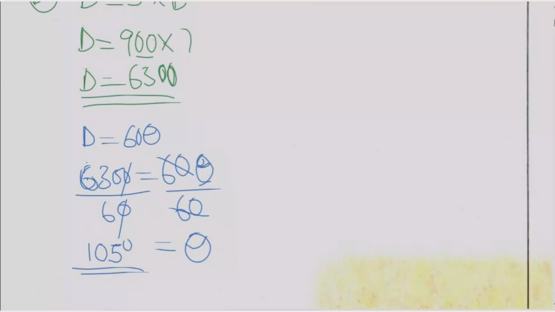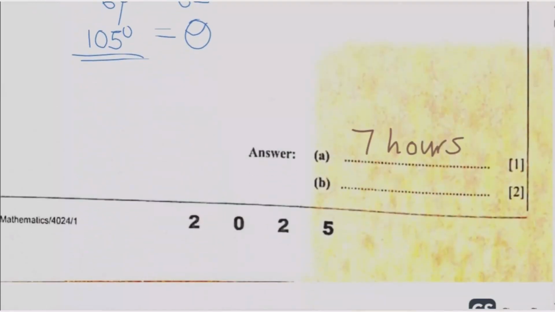So we can say the difference in latitude is 105. So to record our answer, we say theta is equal to 105 degrees. Okay, so basically that's how you write your answer.